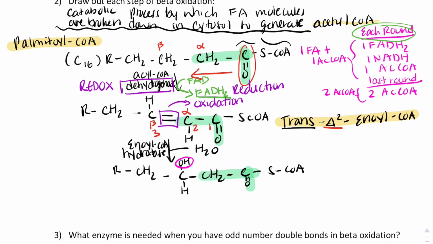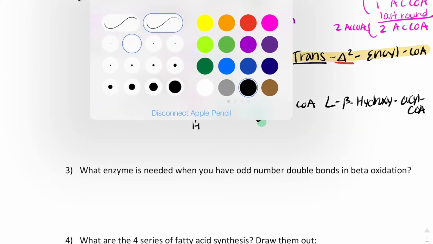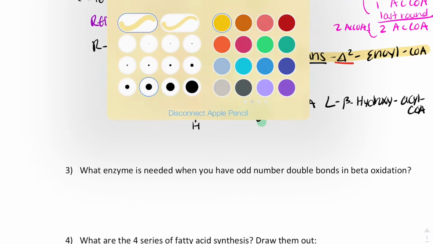It's where this hydrogen is, OH, and then where the second hydrogen came in. So we broke this bond right here, and we added water to this OH and this H. This is called L-beta-hydroxyacyl-CoA.